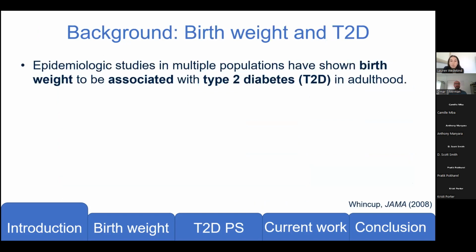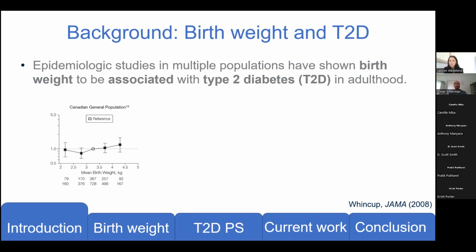All right, for more background, why investigate birth weight and type 2 diabetes? Epidemiologic studies looking at risk and development of disease in multiple populations have shown that birth weight is associated with type 2 diabetes in adulthood, and quantified that.